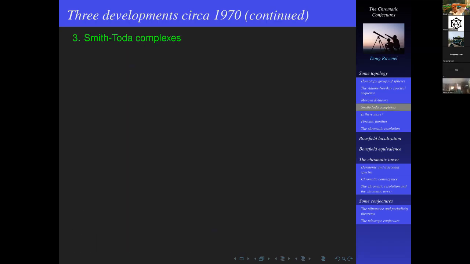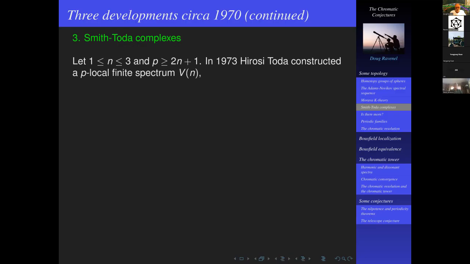Now, the third thing that caught my attention in those days was something called Smith-Toda complexes. So let's say n is 1, 2, or 3, and let's pick a prime that's sufficiently large in relation to n.